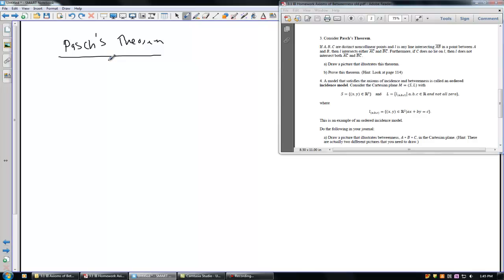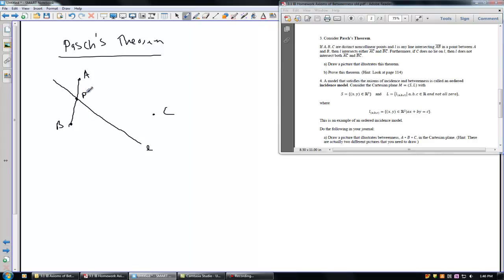It's saying A, B, and C are distinct non-collinear points, and L is any line intersecting the line segment AB at a point between A and B. So you have a point A, a point B, and a point C, and you can draw a line segment here. Here's AB. And then there's a line L, intersecting AB at some point between them.